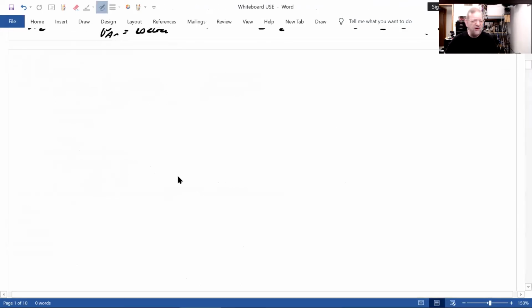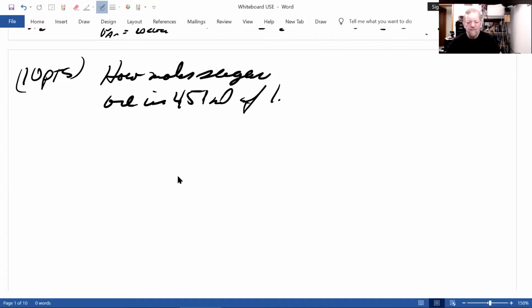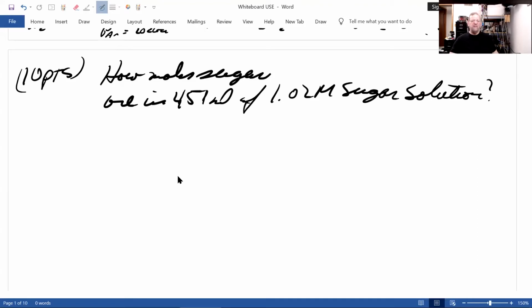Now, on Monday, we did the following. Let's do another one. I'll do this for you because we've already done one, but this is a refresher. The question is, how many moles of sugar are in 451 milliliters of a 1.02 molar sugar solution?